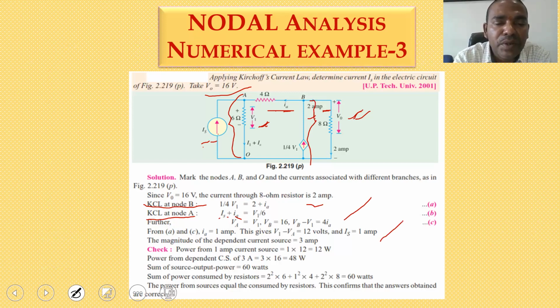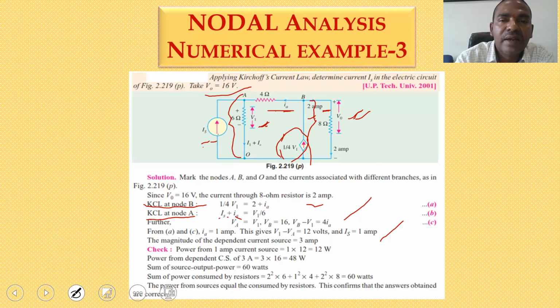So the magnitude of the dependent current is how much? 3 amperes. V1 is substituted with the value, and then you calculate the current, so finally you get 3 amperes.